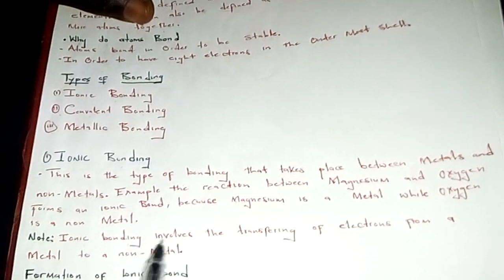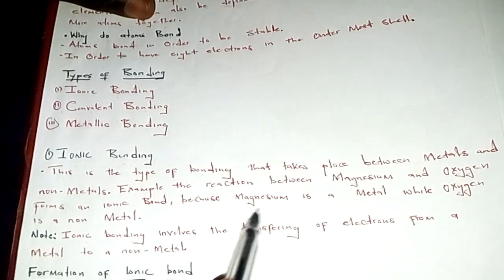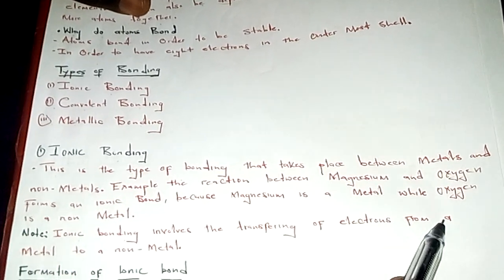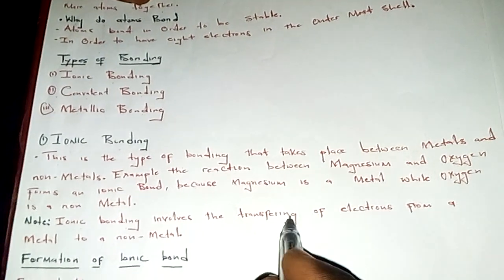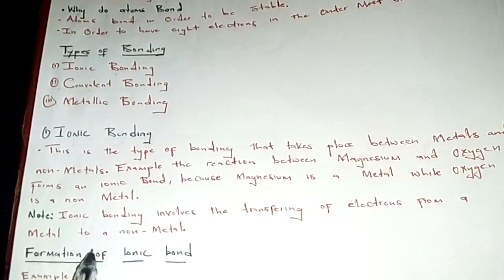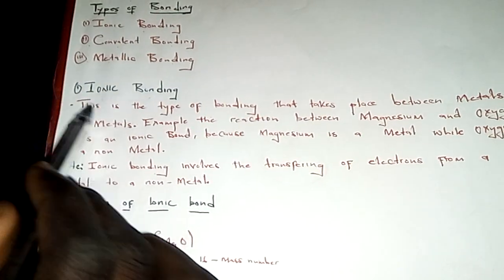Ionic bonding involves the transferring, this word is very important, the transferring of electrons from a metal to a non-metal. From the word itself, ionic.